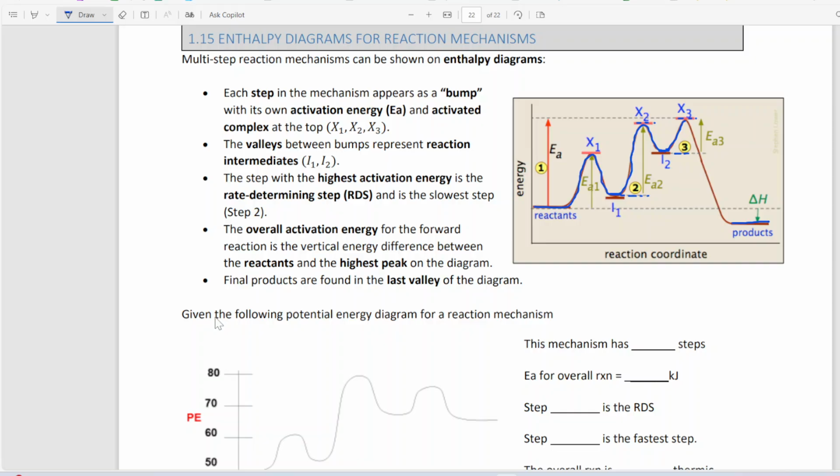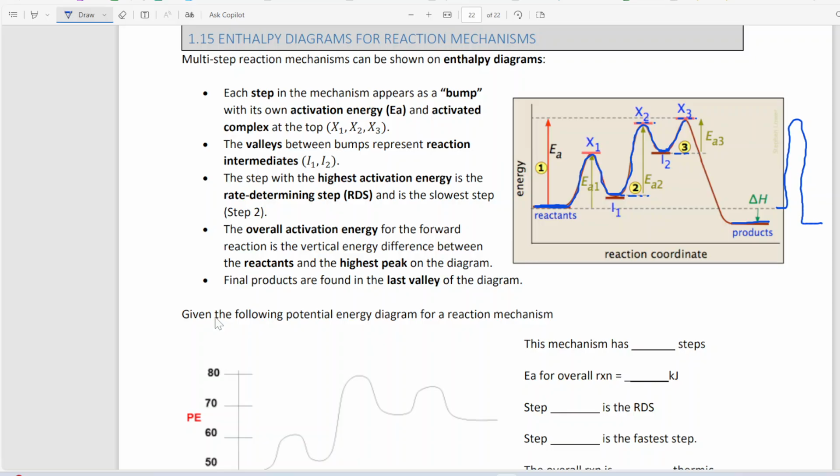The key thing is that in this diagram, your overall activation energy would be from your reactants up to your highest peak. So if I want to draw this as a simplified potential energy diagram, it would go from reactants up to the highest peak and then down to the products.